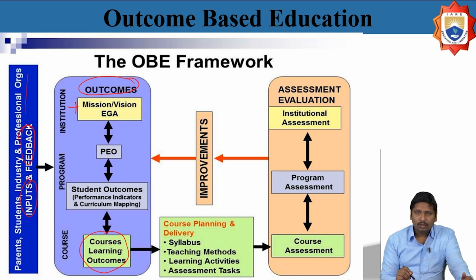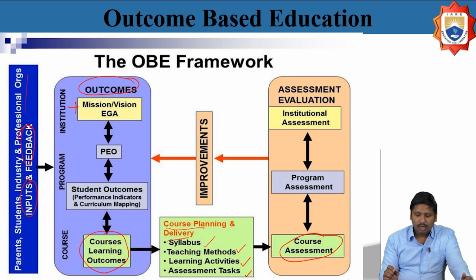The course learning outcome should be sent to the course planning and delivery, where we are able to see the syllabus and what kind of teaching methods and learning activities are going on, and what the assessments and tasks are, and finally that should be sent to the course assessment team.